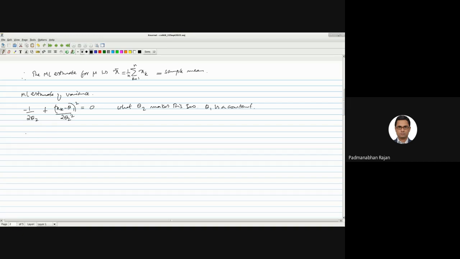So this is just for one data point. When you do it for all the data points, I can straight away remove the half, the 2 will go.